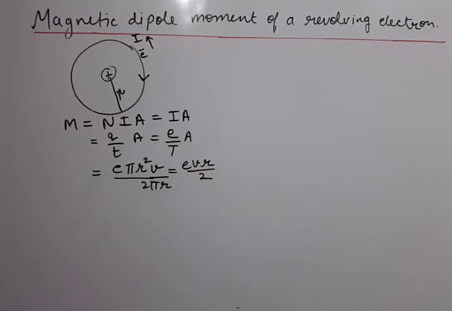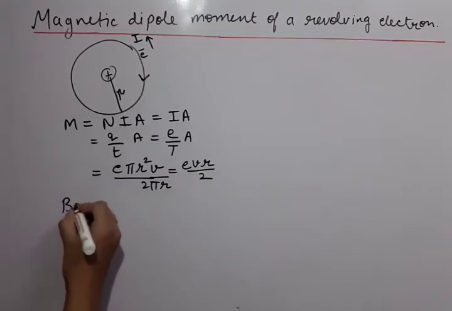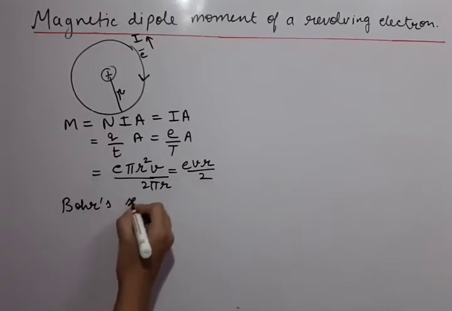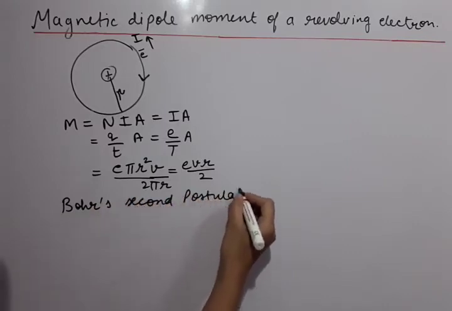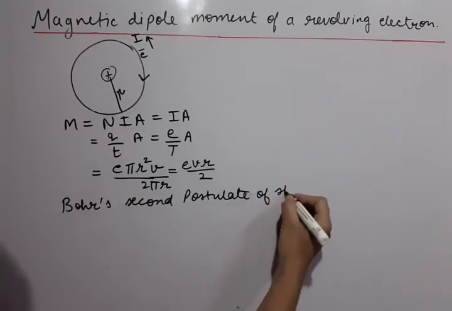Now after getting this evr upon 2, this is not the final answer. We will be using here Bohr's second postulate of stationary orbit.